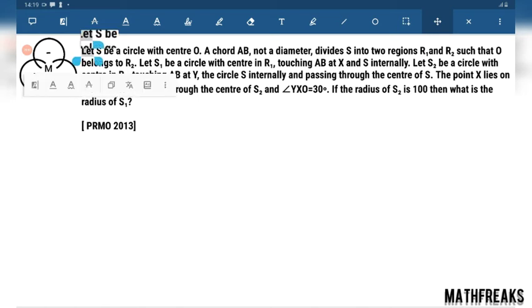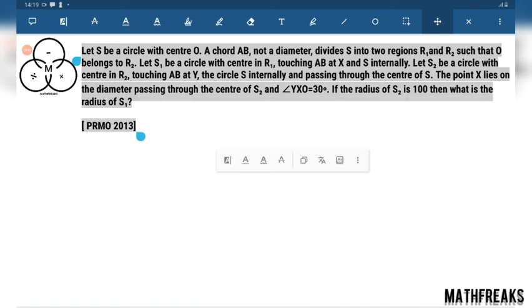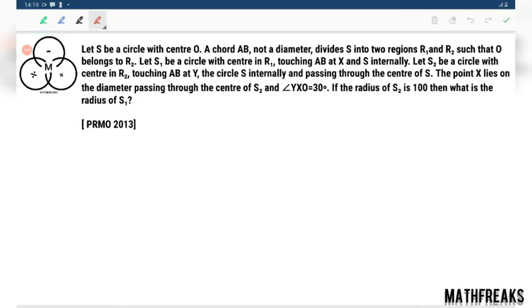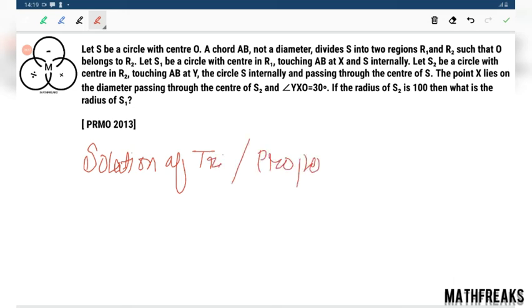Read it very carefully. This is a difficult question, from PRMO 2013. One hint that I can give is that after drawing the proper diagram, which is very difficult, apply the properties of triangles. This is hint 1.